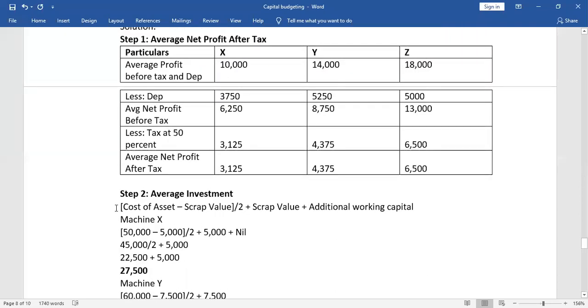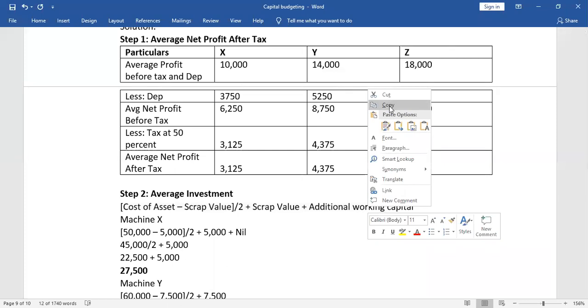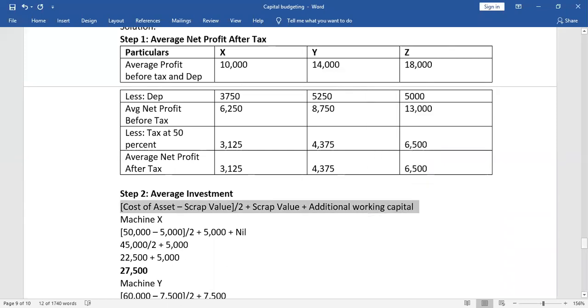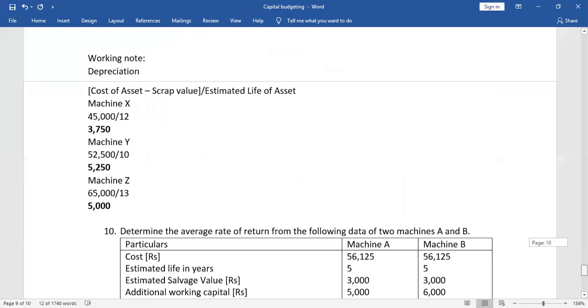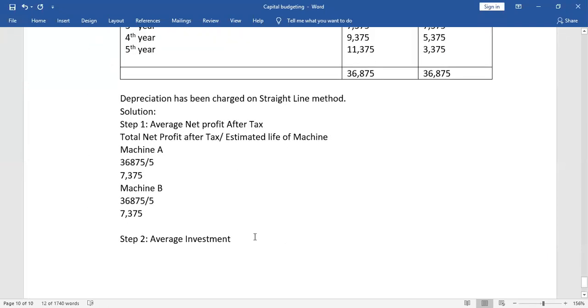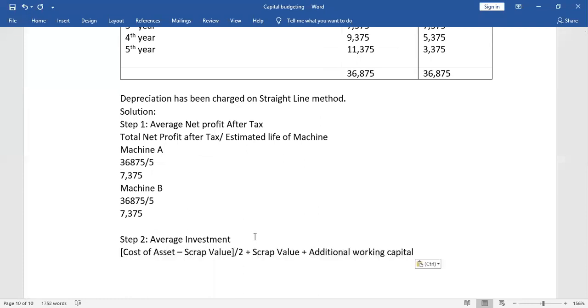So the formula is total cost of asset minus scrap value, divide by 2, plus scrap value, plus additional working capital. Cost of asset minus scrap value, divide by 2, add scrap value, add additional working capital.